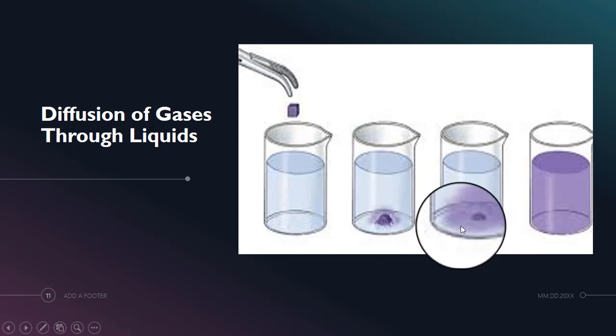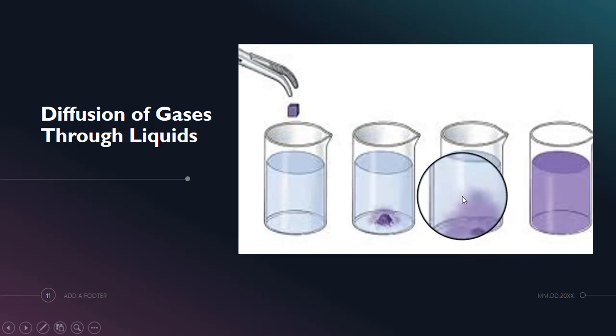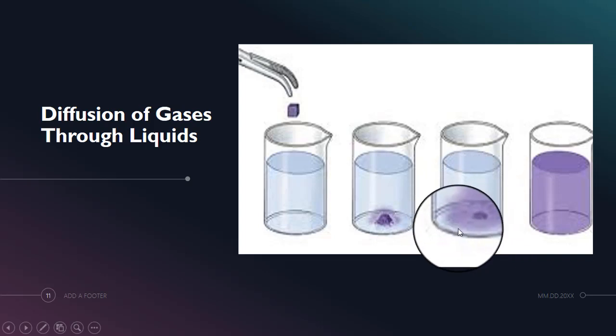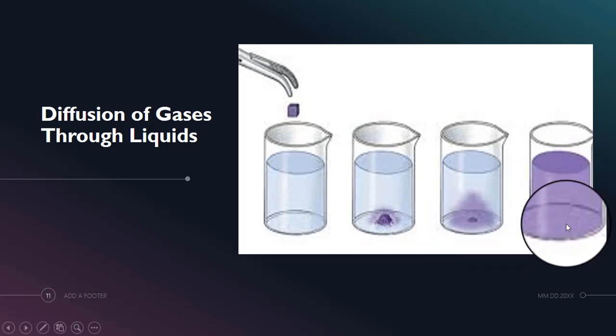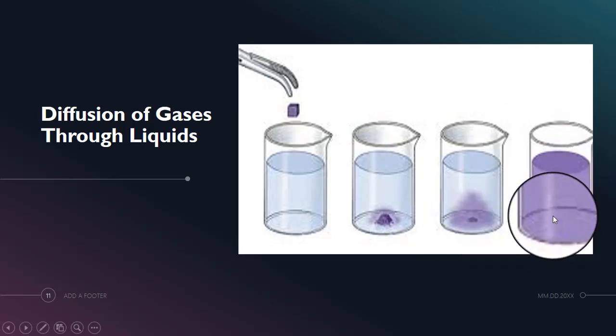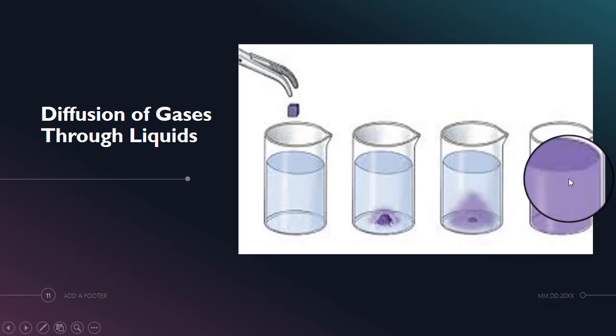The more soluble a gas is, the faster it will diffuse. And the solubility of a gas is defined by Henry's law, which states that the amount of dissolving gas in a liquid is proportional to its partial pressure above the liquid.